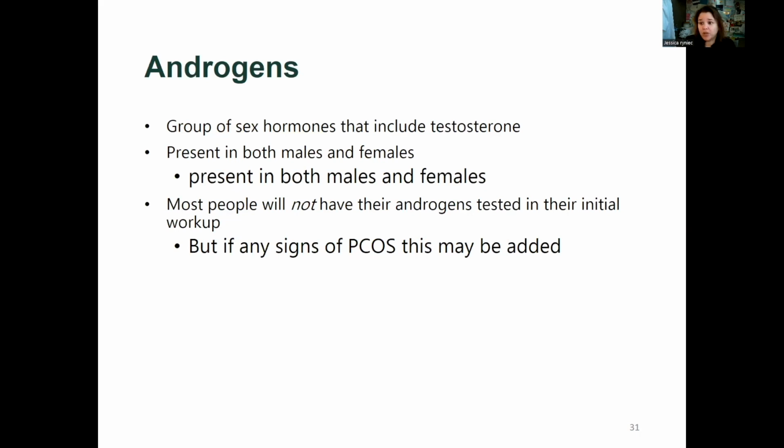Most people will not have their androgens tested in their initial workup. However, if in that history there are any signs or symptoms of PCOS, polycystic ovarian syndrome, or any other signs like hirsutism, which is excess hair growth, acne, anything like that, androgens may be added to your initial workup as well.